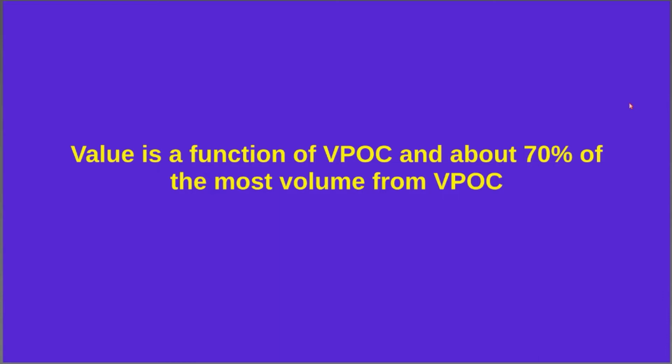Sometimes you'll see VPOC towards the bottom of the value area, sometimes at the top, and sometimes in the middle. And given where VPOC is relative to the value range, it tells you something. If VPOC is at the top of value, it tells you that above VPOC there wasn't a whole lot of interest, and the majority of the interest was below VPOC down to value.